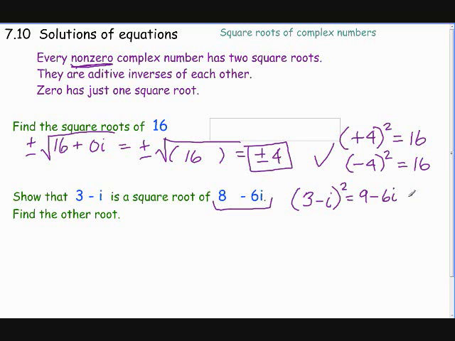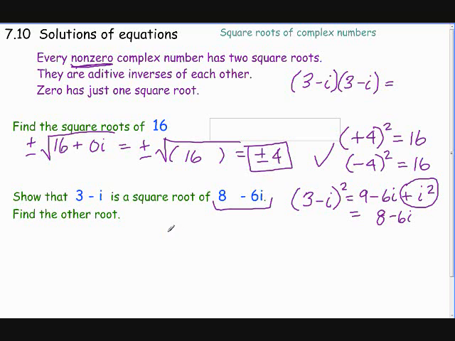And then I'll have a positive i squared. And when I realize that this is the same as a negative 1, I'll have 8 minus 6i. Now, if for some reason you didn't follow that, just go back and do 3 minus i times 3 minus i. Do it a little more slowly with FOIL, and you will get this.